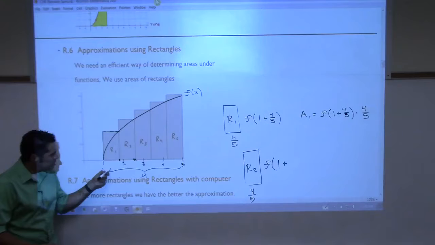We're not accounting for that little space. But the more rectangles I get, and the smaller, the more measurements I take, the better my approximation is going to be. Agree? So once I add these up, I know that area is smaller than the true area.